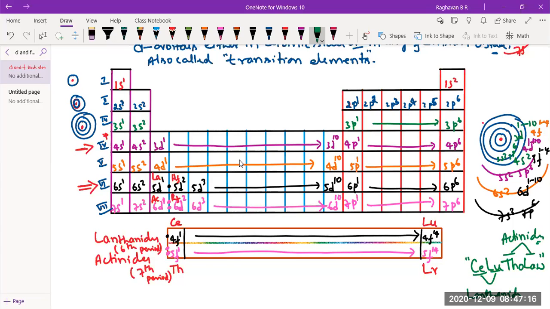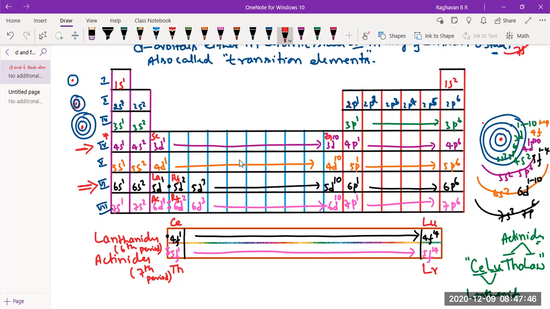Is that okay? So let us indicate the first and last element of each series of D block. The first element of the 3D series is scandium, and the last element is zinc.